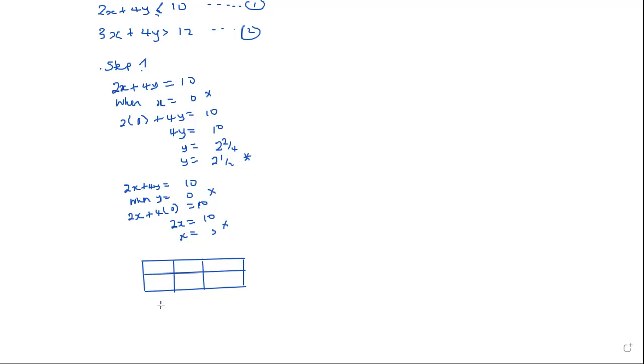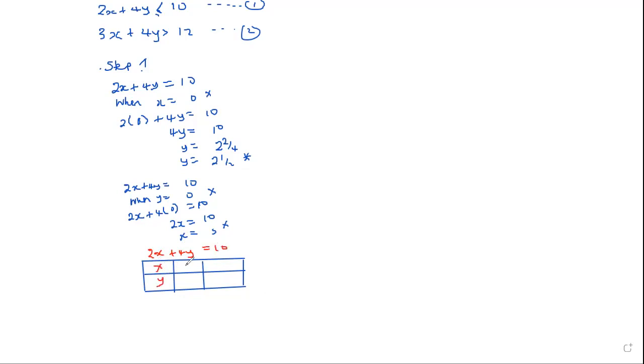So we want to draw the table of values of which equation? 2x plus 4y equal to 10. So we have our value of x and our value of y.